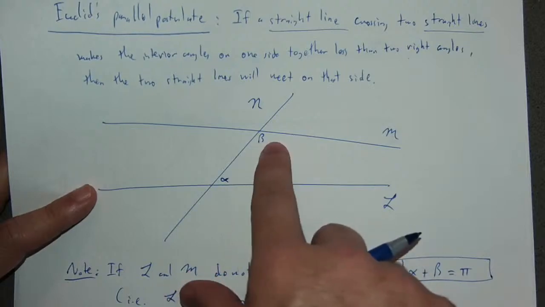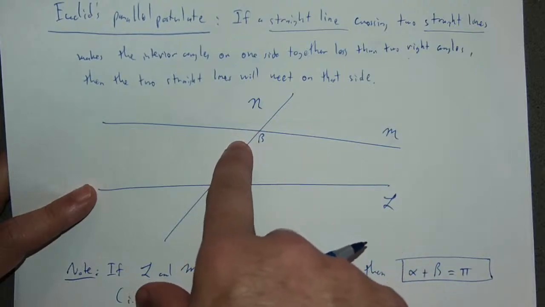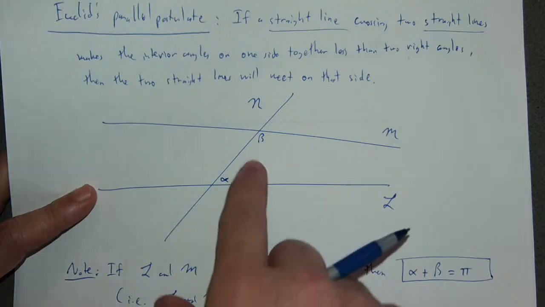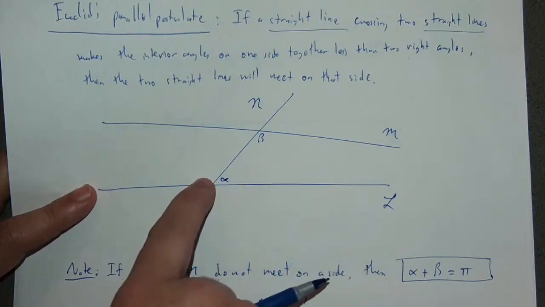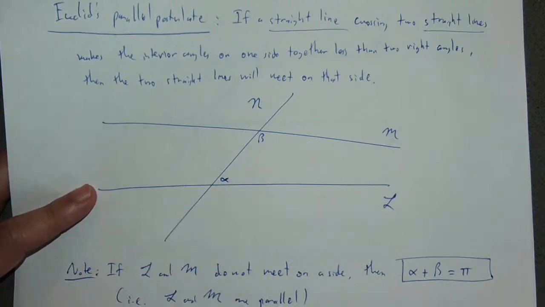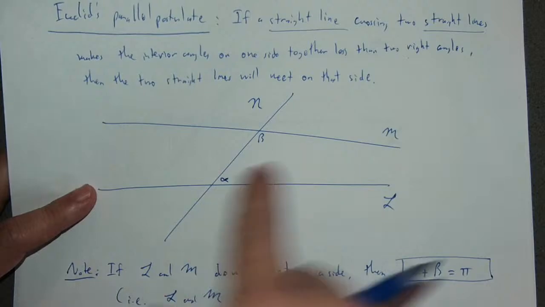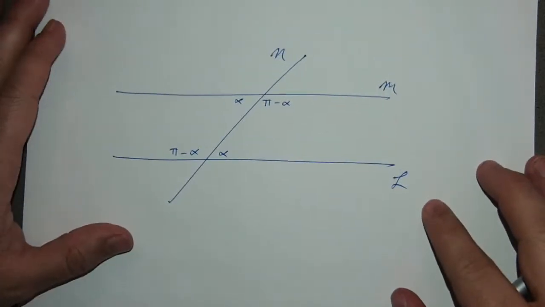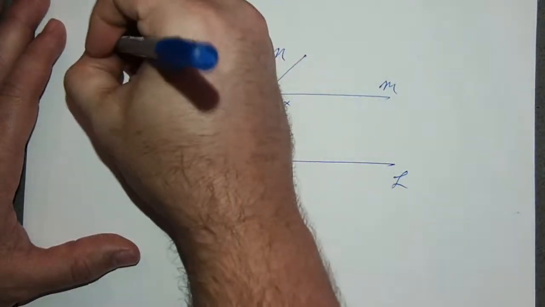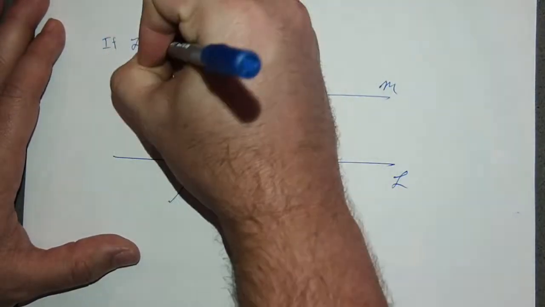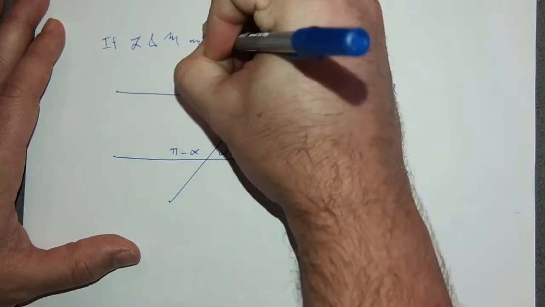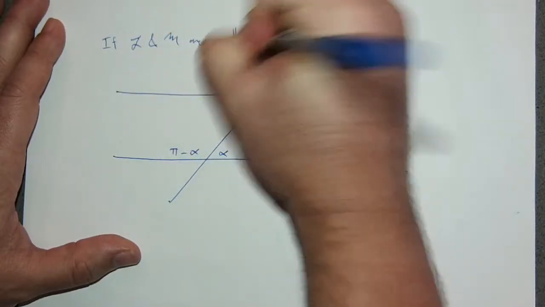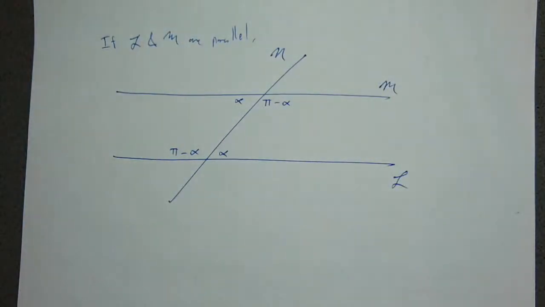But if this angle is pi minus alpha, then the angle lying on the straight line with it has to be alpha. Similarly, this angle lying on the straight line with alpha has to be pi minus alpha, right? So that they sum to pi. Okay, and so this is actually the picture I get. So if L and M are parallel, this is the picture I get.